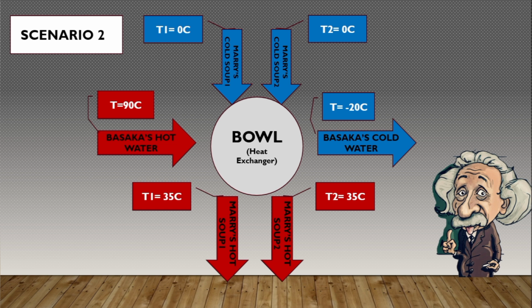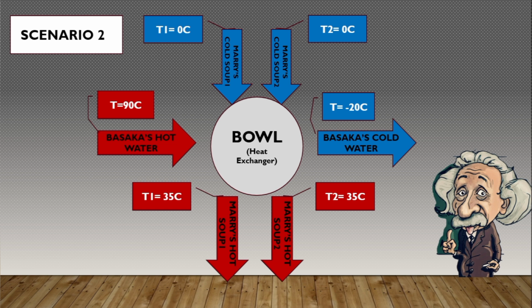Going by that, we have our final temperature for Mary's scenario to be 35 Celsius and her initial temperature to be 0 Celsius. So mathematically, we have 35 minus 0, which equals 35.